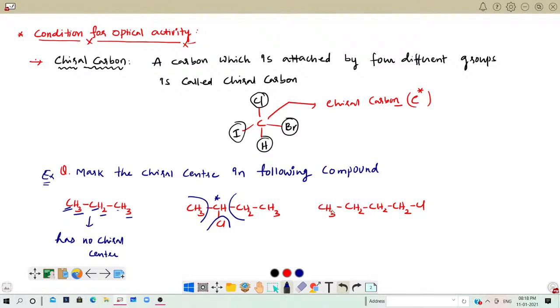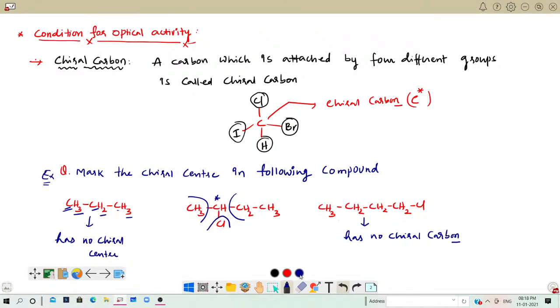And here in this molecule there is no chiral carbon, right? Therefore among these three, which is optically active?